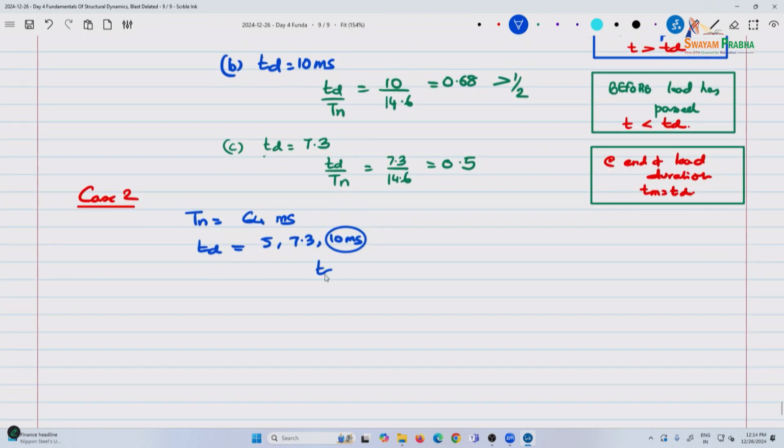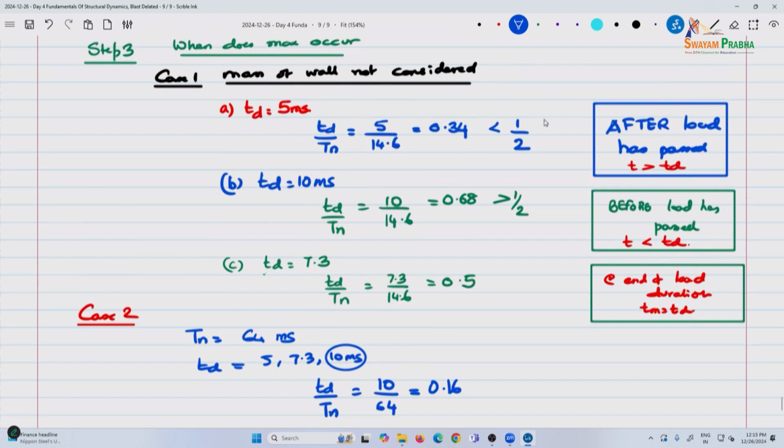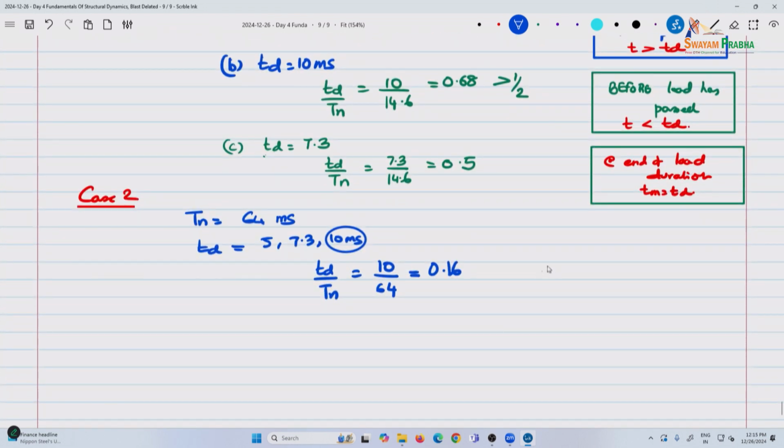Td by Tn, what is 10 by 64? 0.16. So, where would it fall? In all cases, after, right?